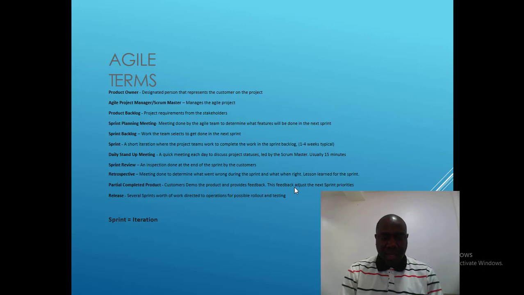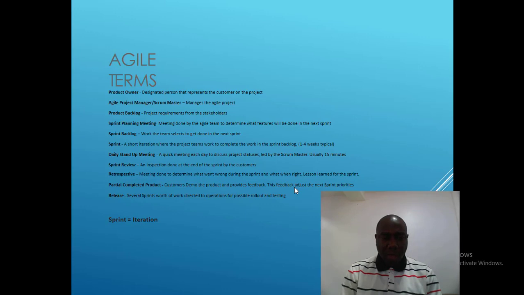Retrospective is basically for the team members. Whereas in the sprint review, the customer is involved for inspection. Then partial completed product. The customer demos the product and provides feedback. This feedback becomes the next sprint priorities.